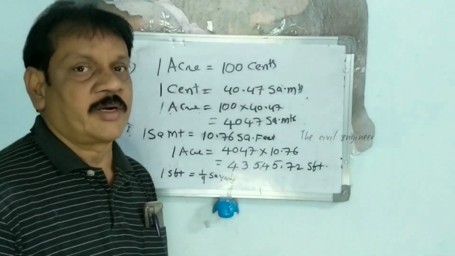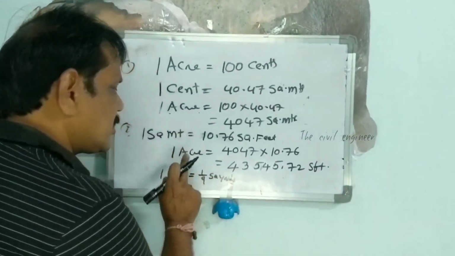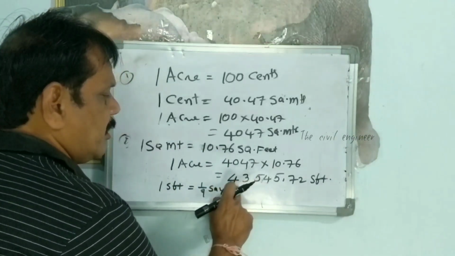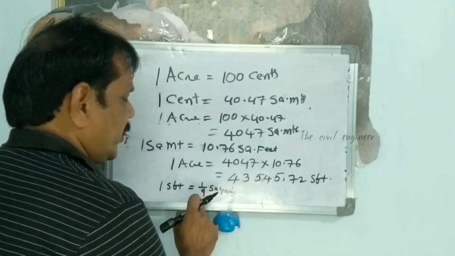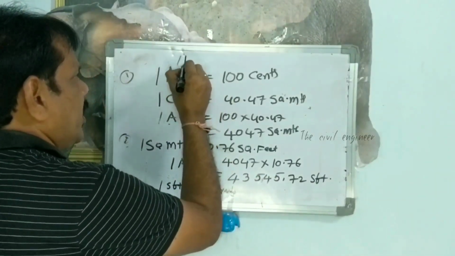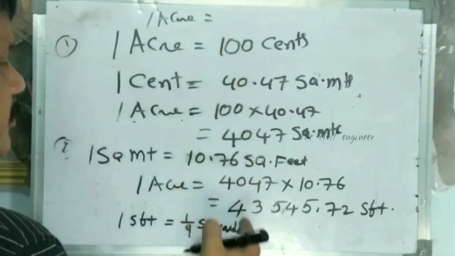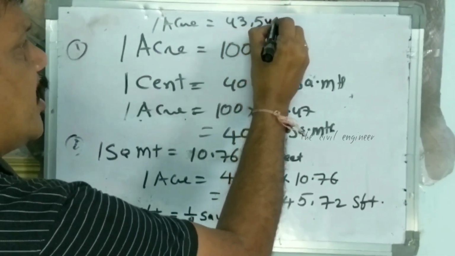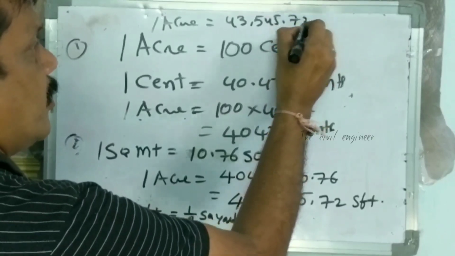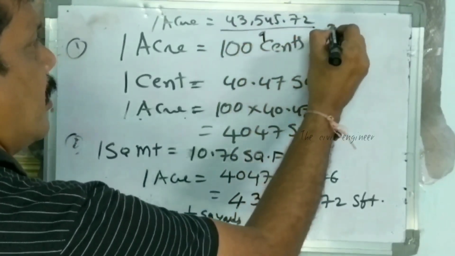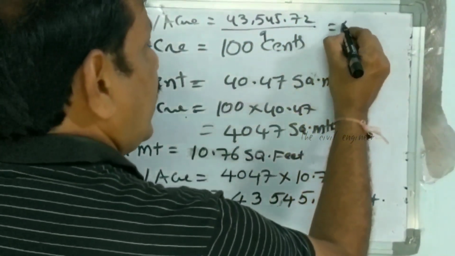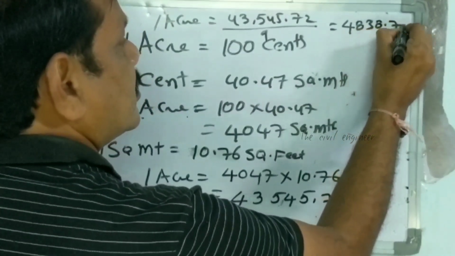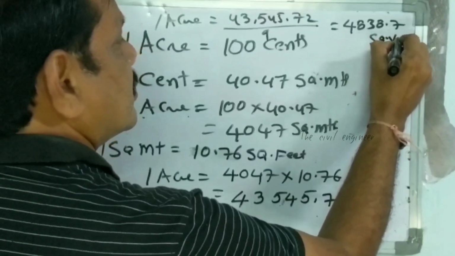But 1 SFT is equal to 1 by 9 square yards. So if it is necessary to convert acres into square yards, simply divide the value by 9. So 1 acre is equal to 43,545.72 by 9, which is 4,838.7 square yards.